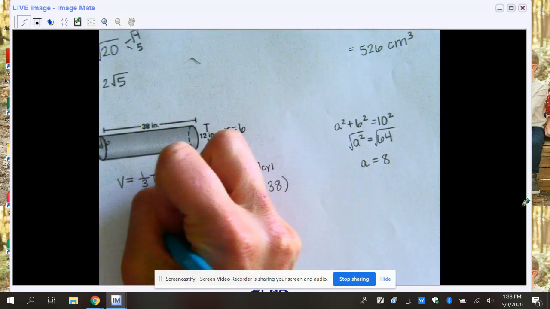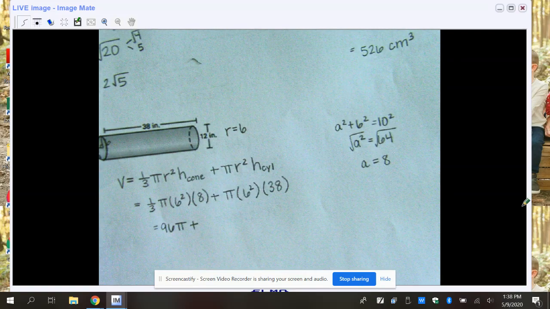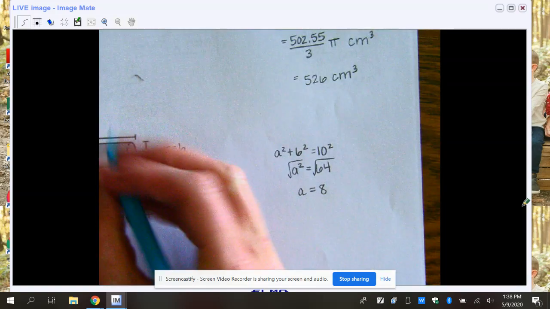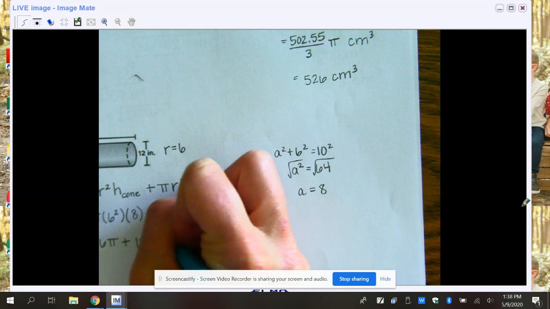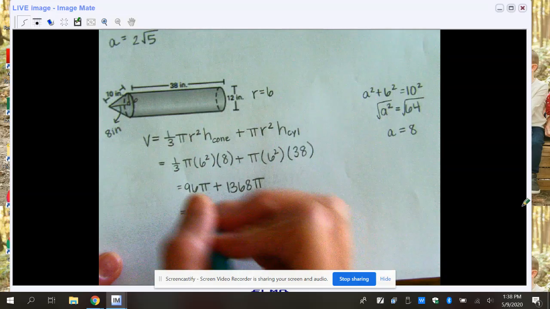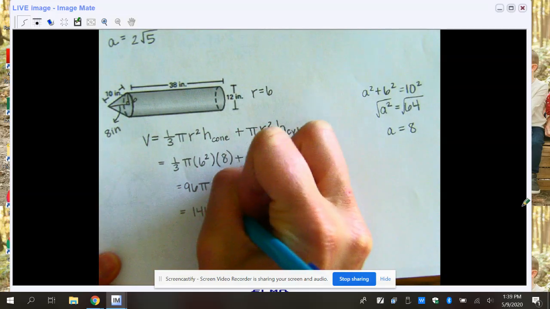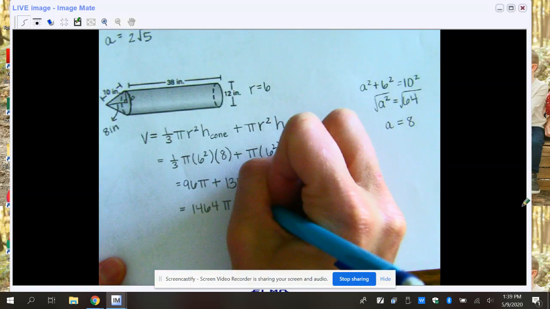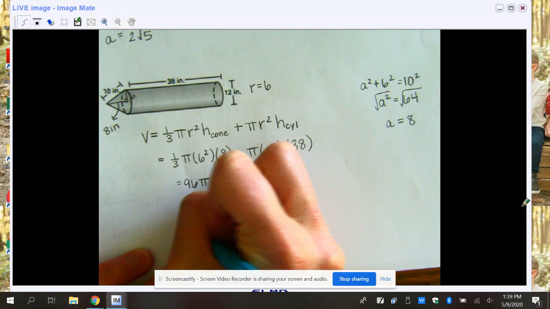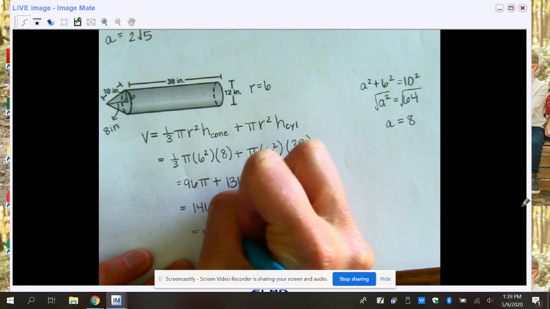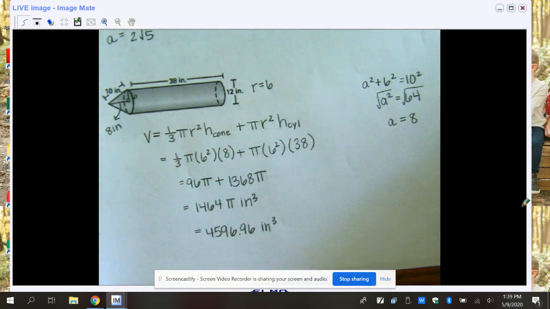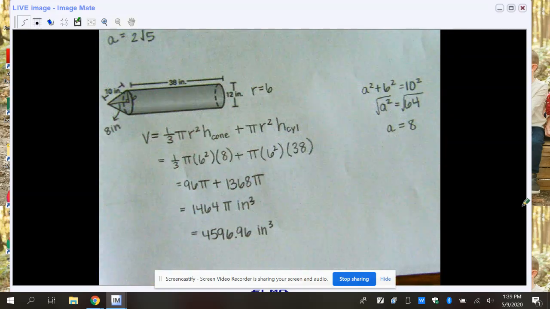So this part's going to be 96 pi, and 6 squared, 36 times 38 is going to be 1,368 pi. So then when I add those two together, I get 1,464 pi inches cubed. So when I find my approximate answer then, that'll be 4,596.96 inches cubed. Okay, and that is it.